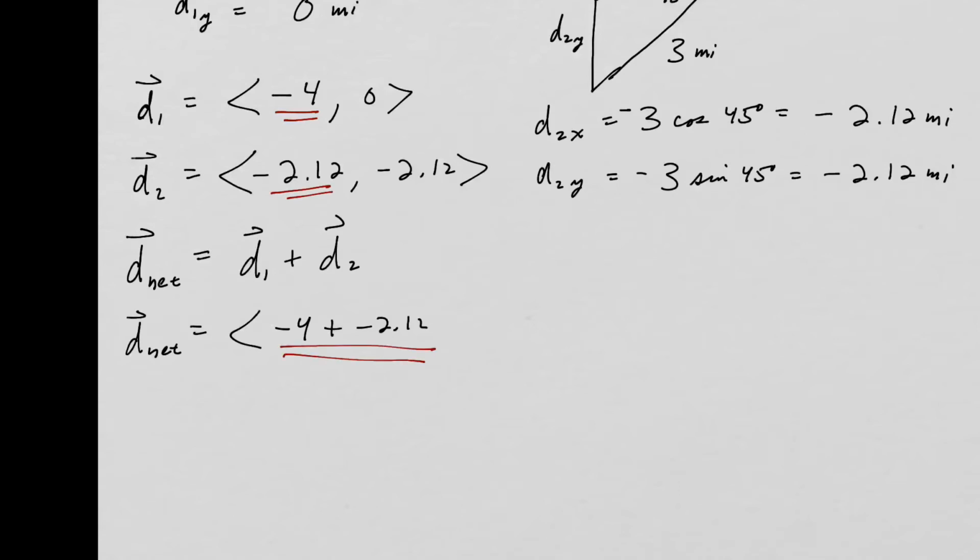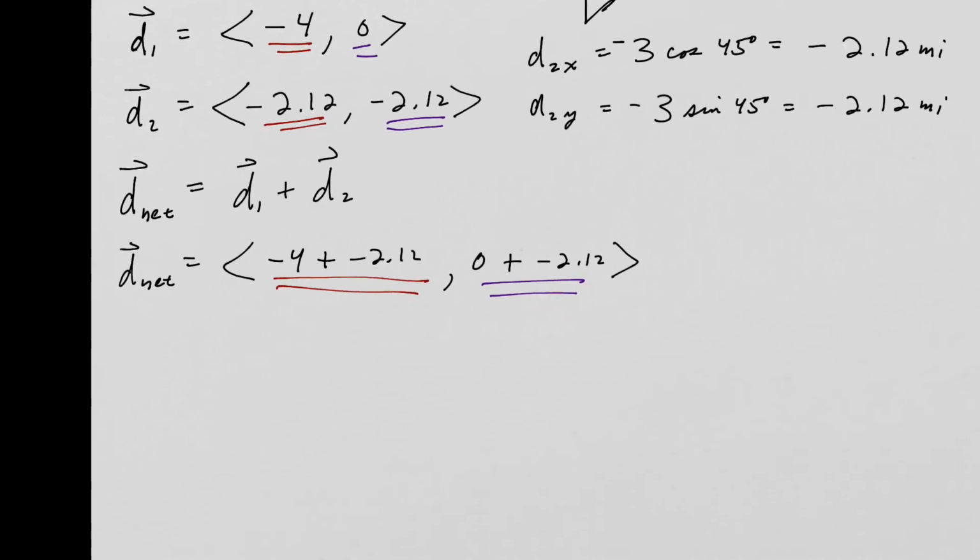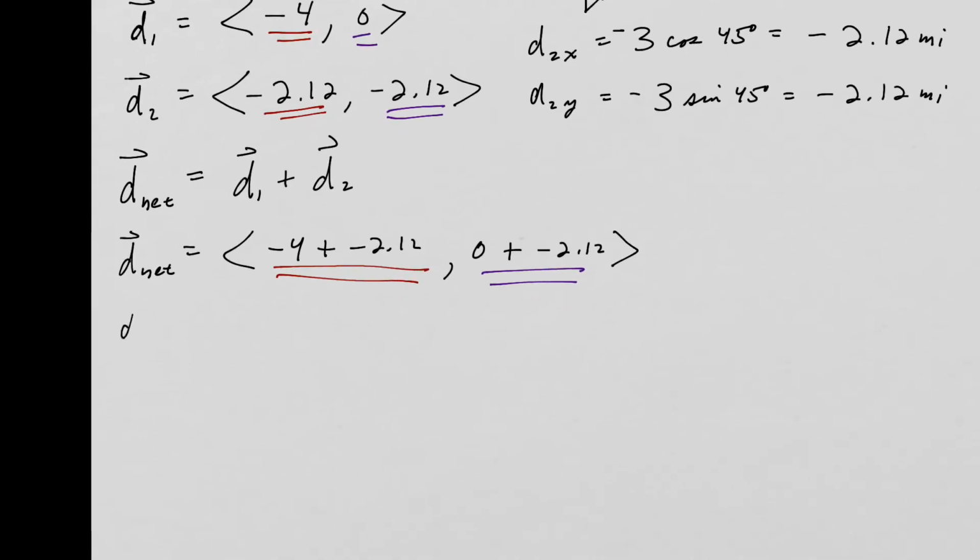And then I'm going to add the y components to get that value. If you do this, you're going to get the x component is negative 6.12, and the y component is negative 2.12.